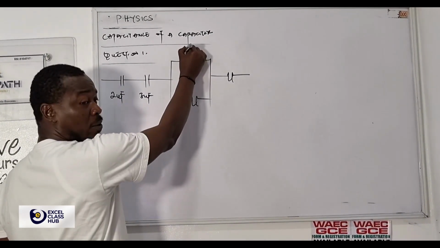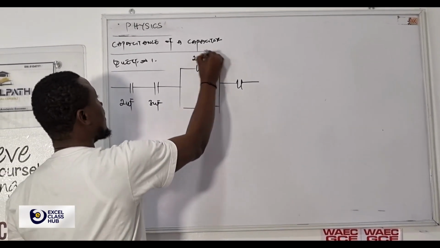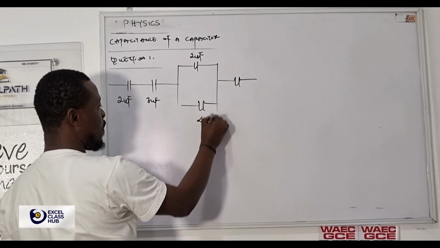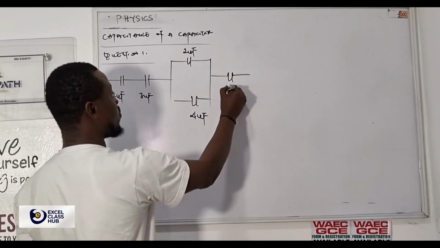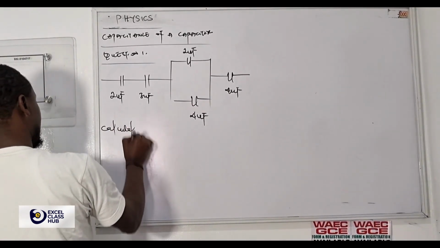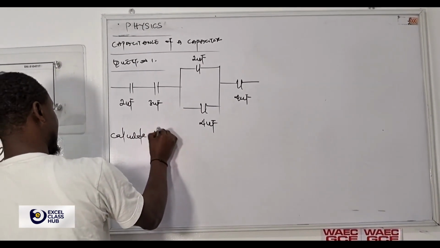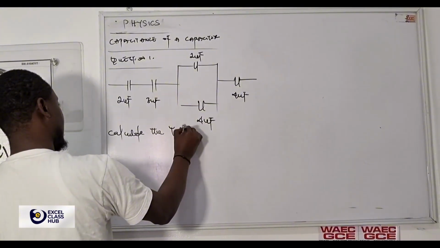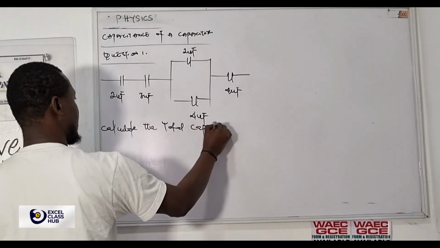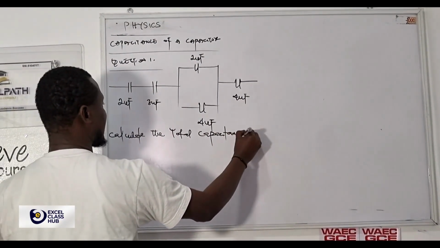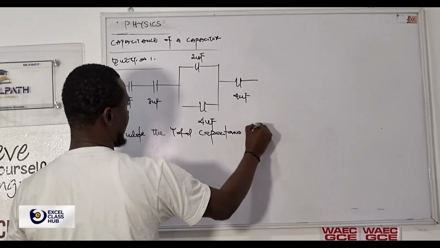Sorry, please, this one is 2 microfarad, while this one here is 4 microfarad. And at the same time, we still have 4 microfarad. Calculate the total capacitance from the diagram.